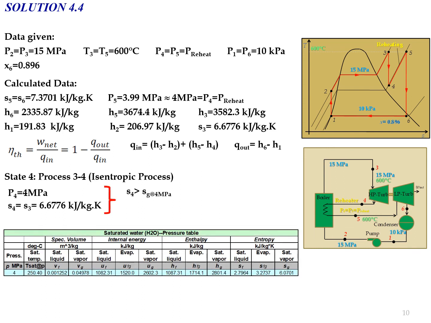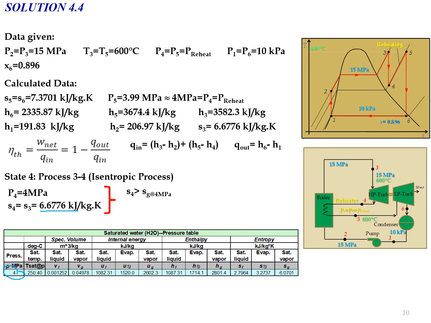From this, we should identify whether state 4 is in the superheated region or in the saturated mixture region. From the entropy value, we look into the saturated water pressure table at 4 megapascal and go to the entropy value.